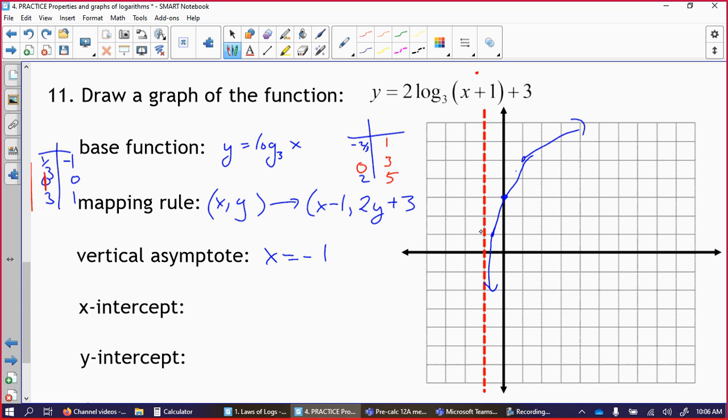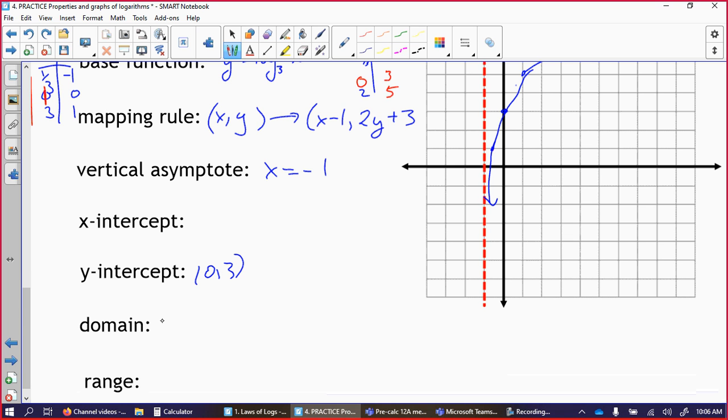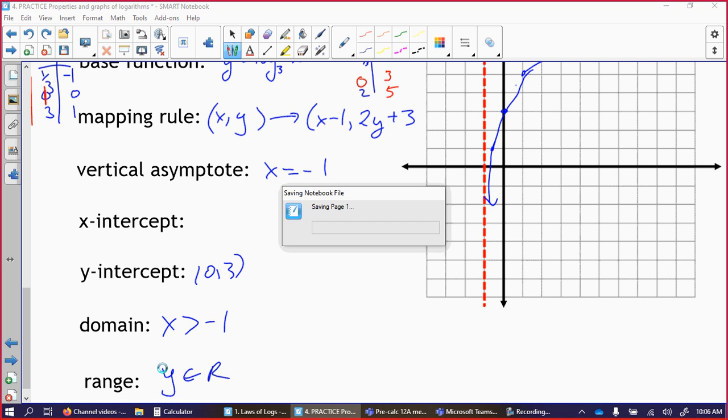This one has an x-intercept somewhere to the left of negative 2/3. The y-intercept is easy, 0 and 3. Domain x is greater than negative 1. Y is part of the reals. So I'll put that up in a minute.